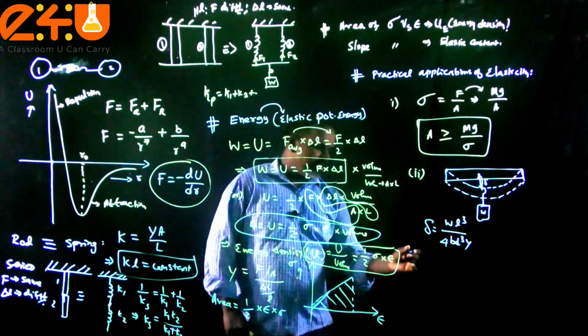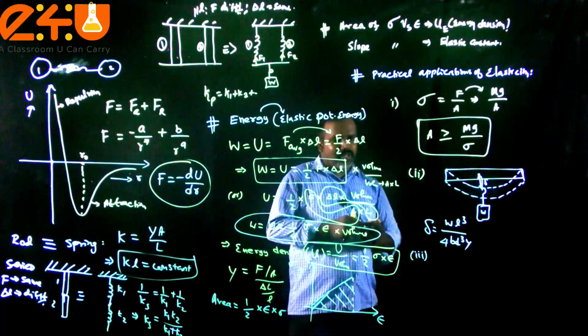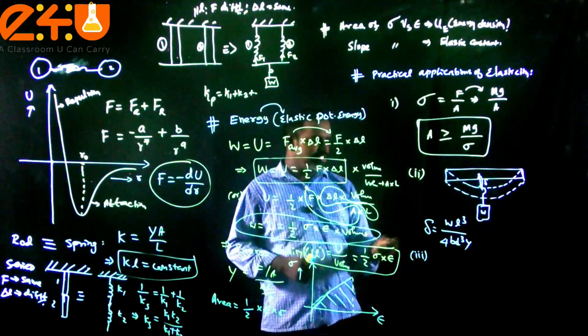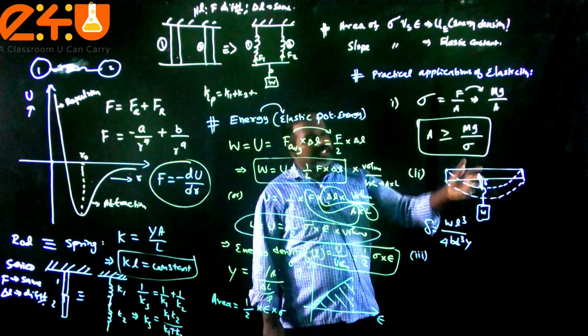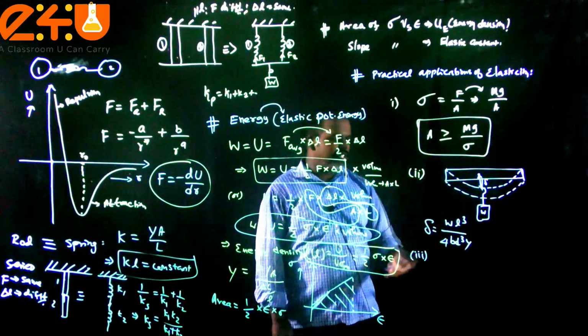And the third one: we know that the highest mountain is Everest, but why does it not exceed a certain limit, not beyond 11 or 12 kilometers?